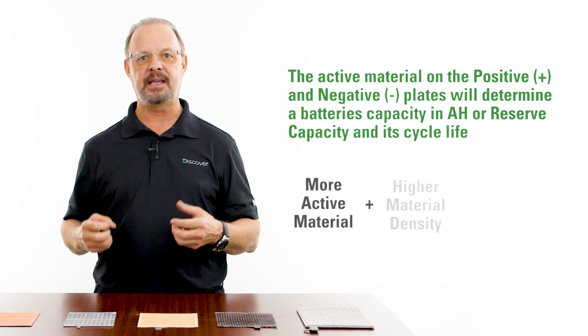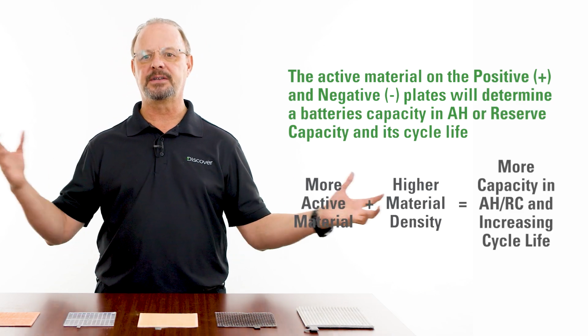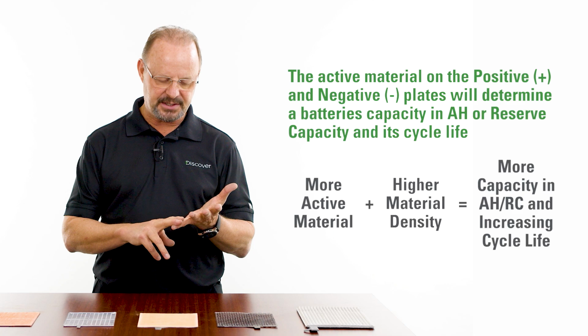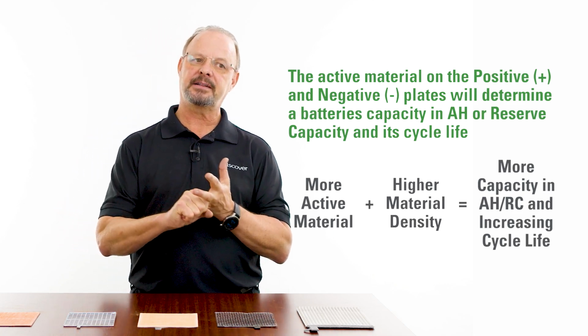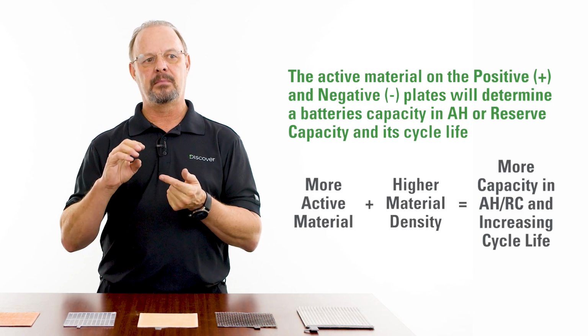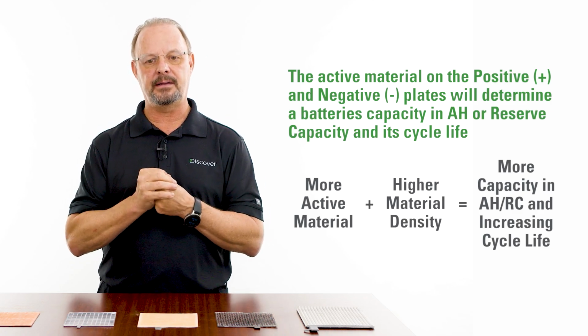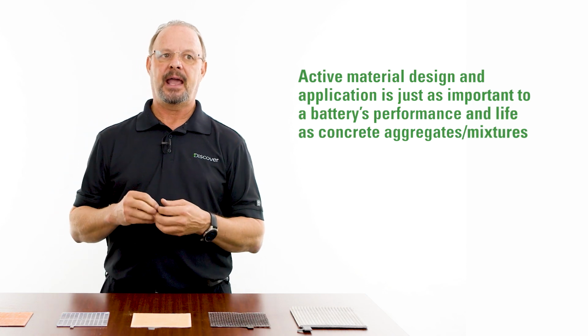So its capacity in amp hour or reserve capacity and its overall cycle life. So more active material plus higher density active material equals more capacity and amp hour, and increased cycle life.